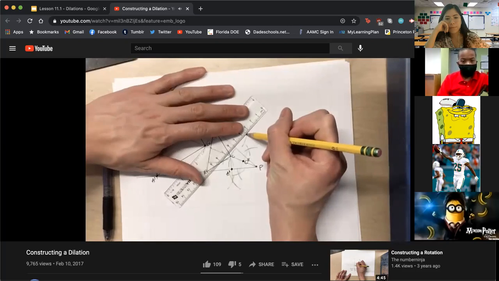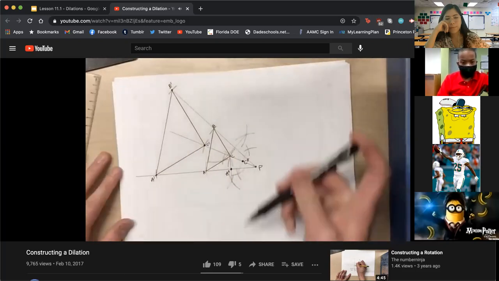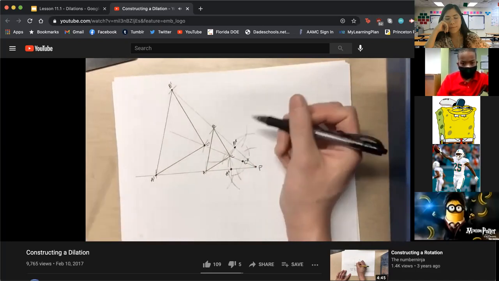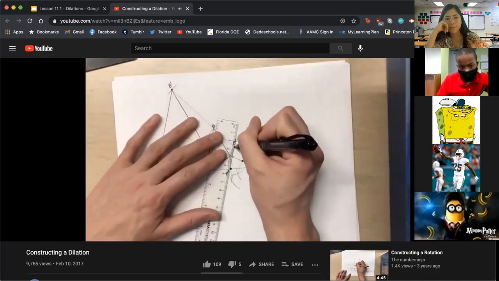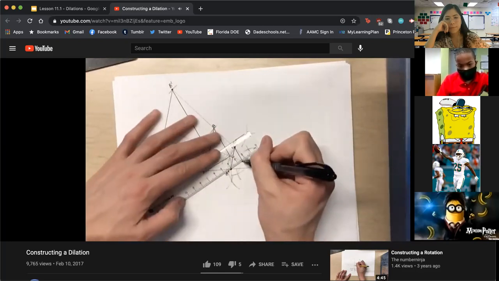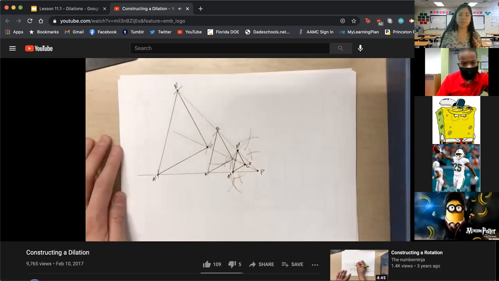It gets a little messy with all the perpendicular bisectors, but there's the midpoint, B double prime. And so, if I connect up those points, there's my new dilated triangle.